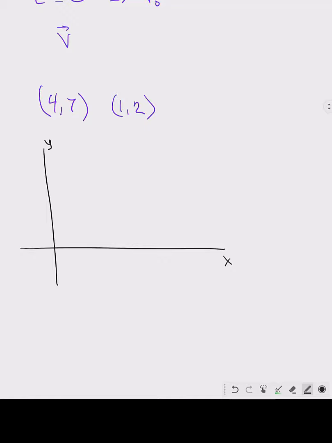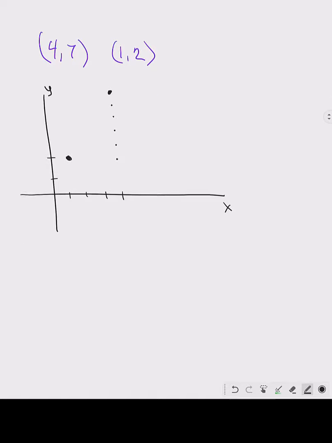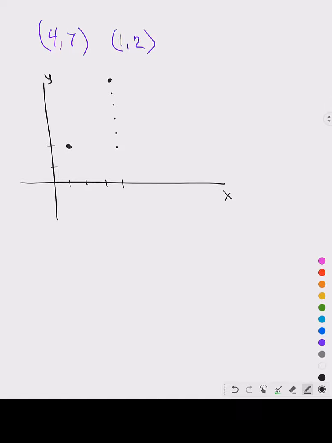Point (1, 2) would be here, and then (4, 7) would be up here. Those are my 2 points. Let's say I decided that I wanted to start at (1, 2) and go to (4, 7). So this is my start, and this is my end.